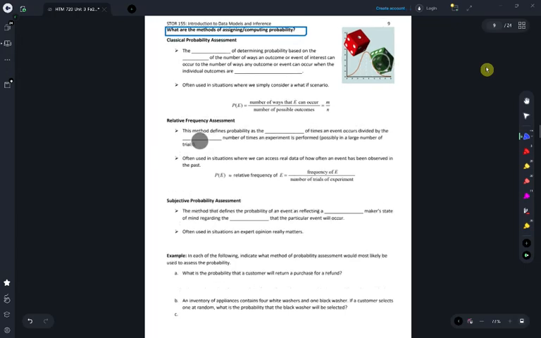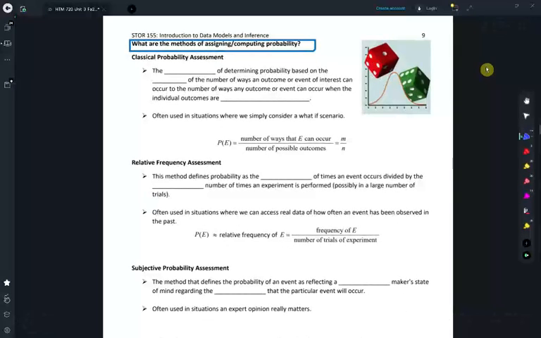In this video, our next goal is to consider the different methods that are used for computing probability.